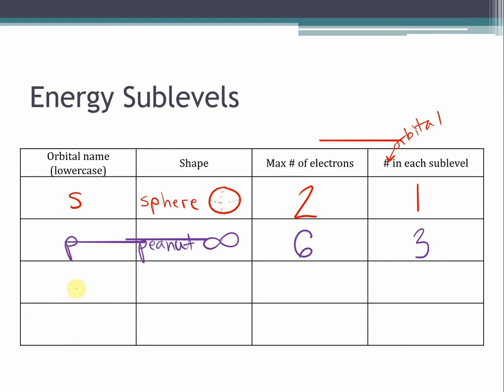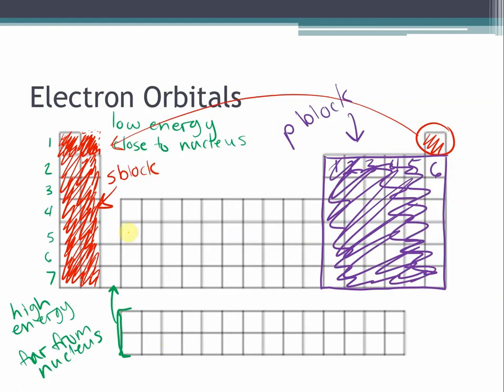The next orbital name is the d orbital. And the d orbital has this kind of chunky 4-leaf clover shape. We say that it is daisy shaped. Again, the name is d orbital. I'm just calling it daisy shaped to help you remember the shape. If we look at our table, the d orbitals are in this middle section, this short section right here.